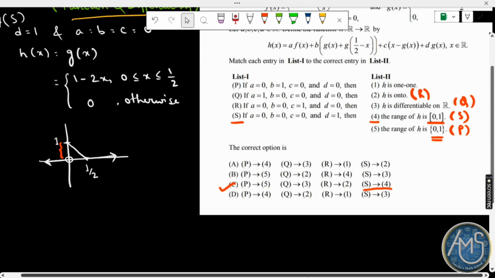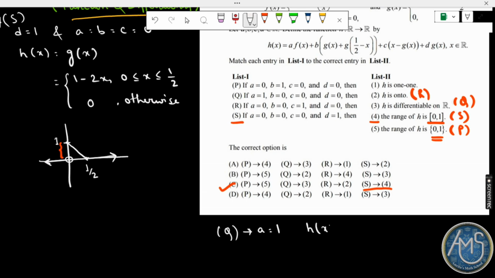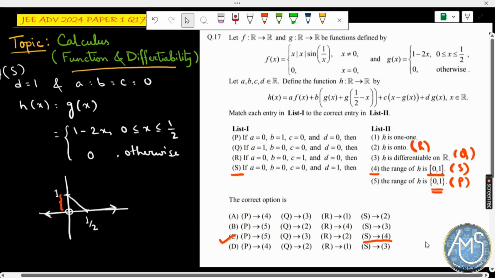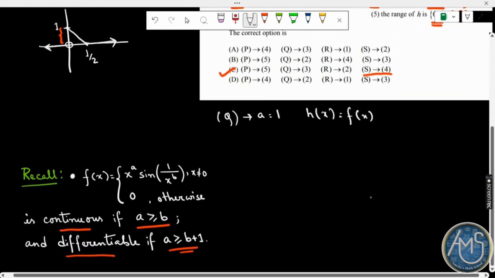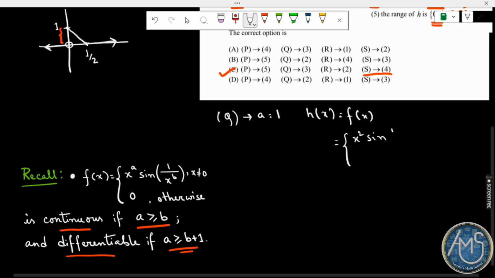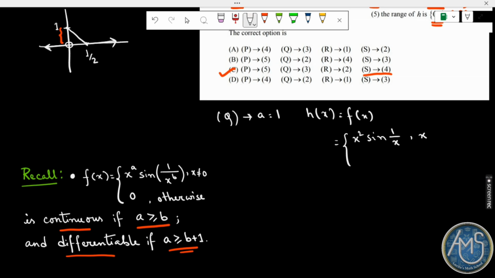So for option Q, that means a is equal to 1 and all others are 0, then h(x) will be equal to only f(x), and if we write f(x) and remove the mod, then it will be x mod x. So x square sin(1/x) for x greater than 0, minus x square sin(1/x) for x less than 0, and 0 for x equals 0.